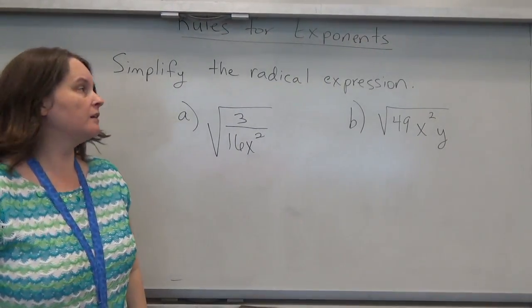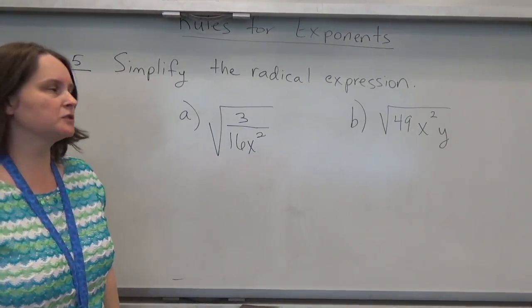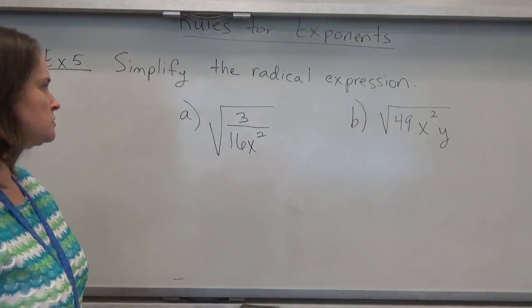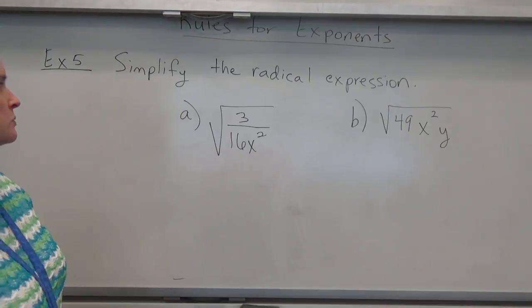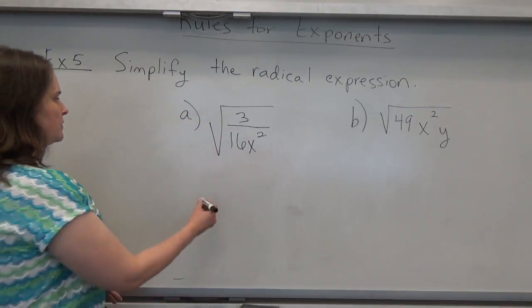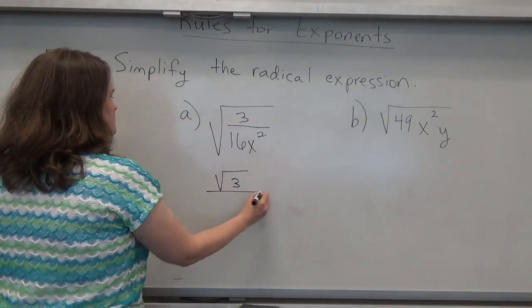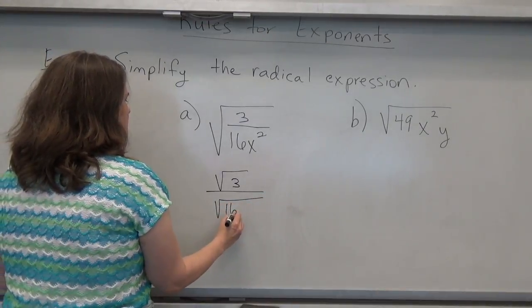So example 5, we're being asked to simplify the radical expression. We're going to be using the product and the quotient rules for radicals to help us with this. The first one, we can break this apart as the square root of 3 over the square root of 16x squared.